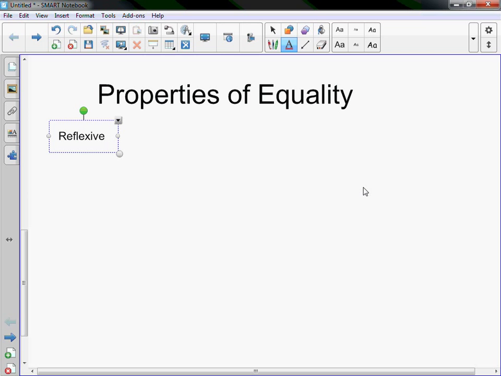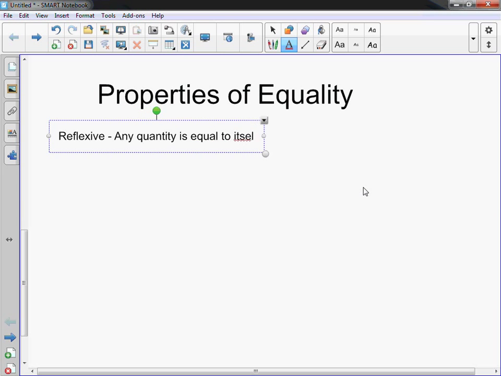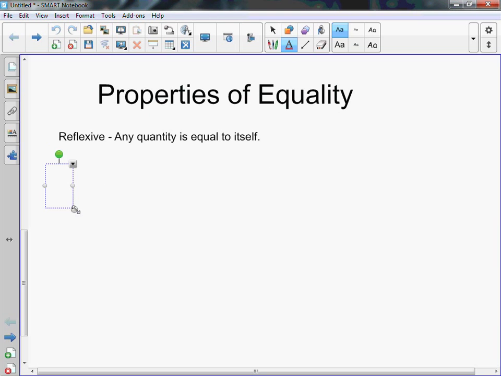The reflexive property says that any quantity is equal to itself. I'll go through some examples of each one of these in a minute.